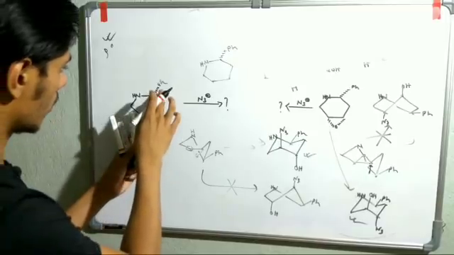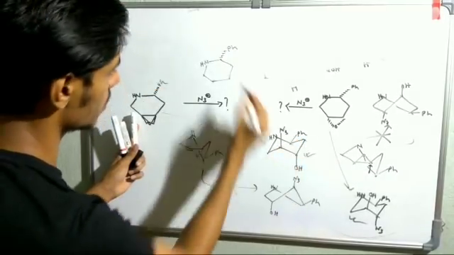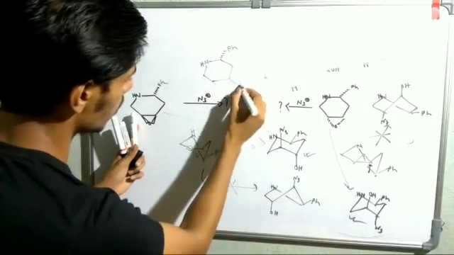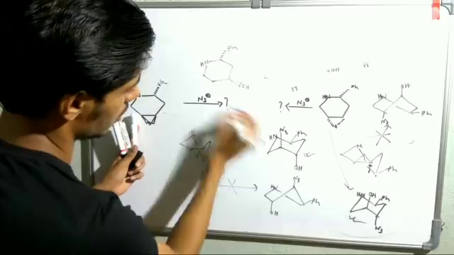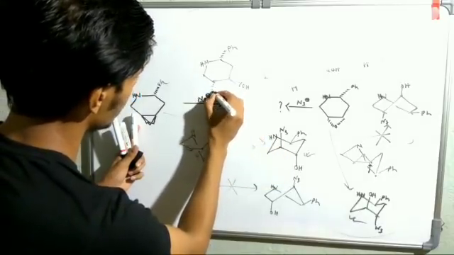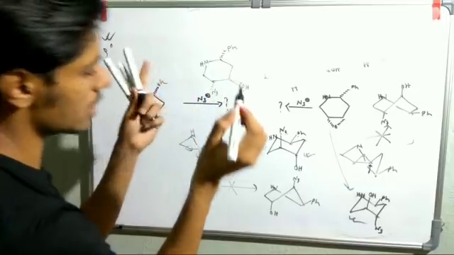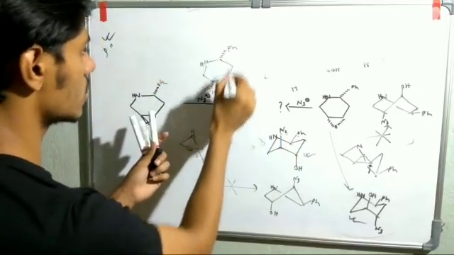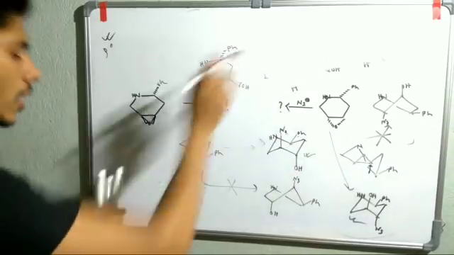Now the Ph and the OH have the trans relationship. So that means your OH will be above the plane and your N3 will be below the plane. So you can see N3 and the phenyl have the same side relationship. So in this case also the N3 and the phenyl are on the same side. So that's how you have to convert it from here to here.